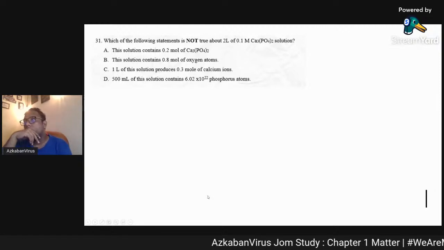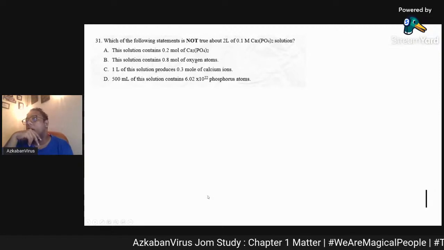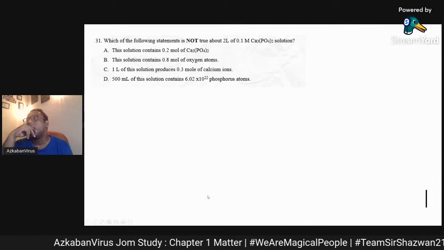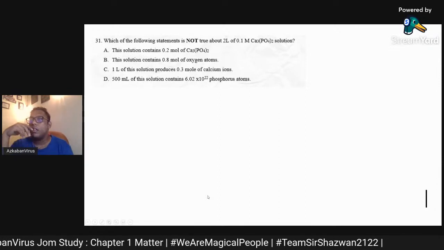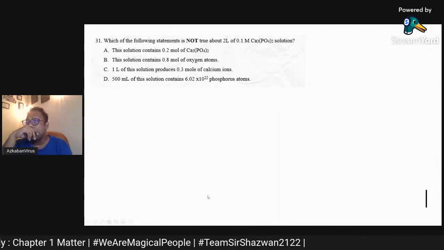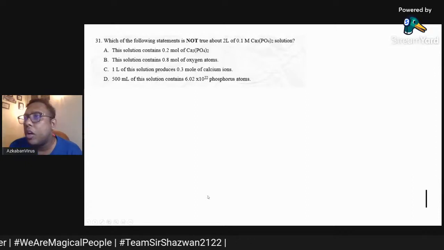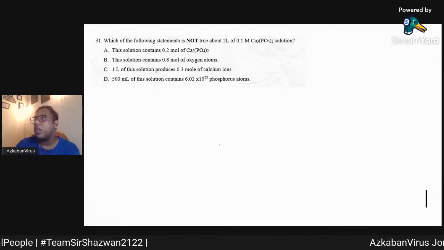Soalan berikutnya. Which of the following statement is not true about 2 liter of 0.1 molar calcium phosphate solution? Okay, first thing first, tengok loh, dia nak cari mole kan. Kita ada molarity.